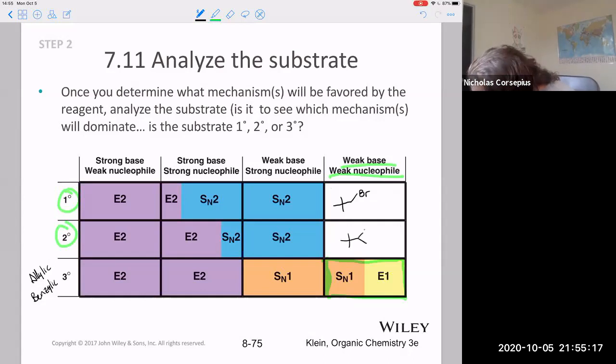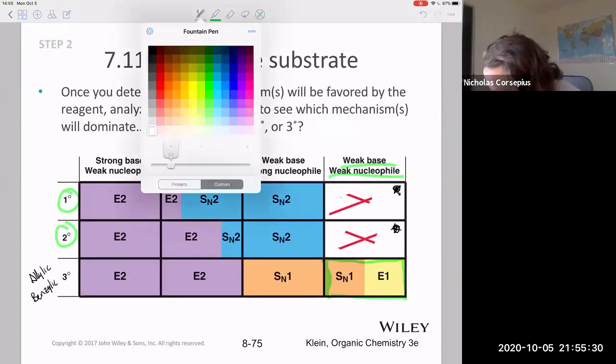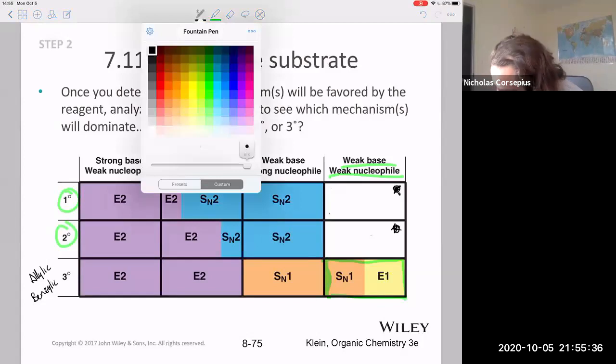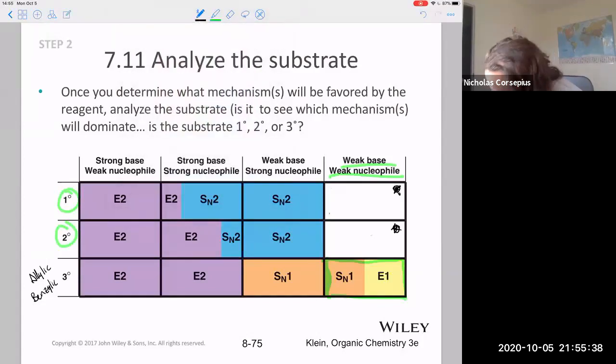Same thing over here. Even though this is secondary, it would, because again, you have that potential for rearrangement. So I'm going to put a little asterisk here and say SN1 and E1 if rearranged.